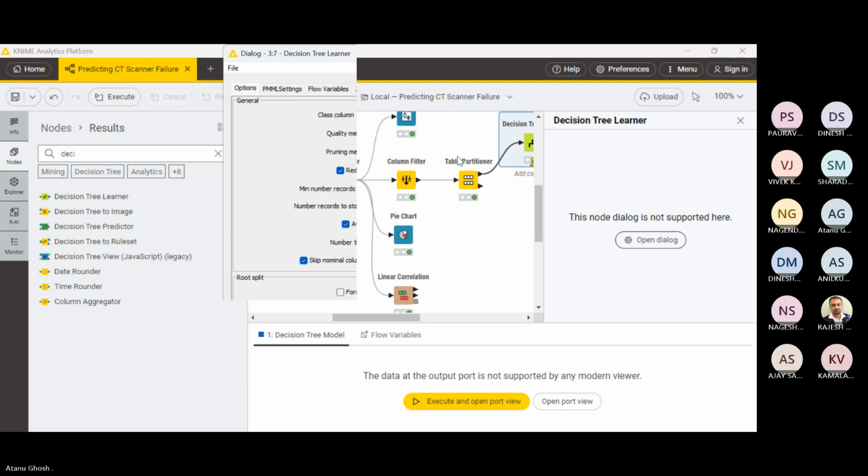That means at the end of the branching, you must arrive at a set of observations which will be either machine failure or not machine failure. There'll be no mixture, because that's what I want. I want to be confidently saying that the machine is going to fail or not fail. To do that, I need to arrive at a set of observations which is 100% machine failure or 100% machine not failure.